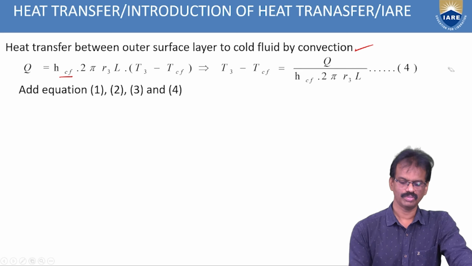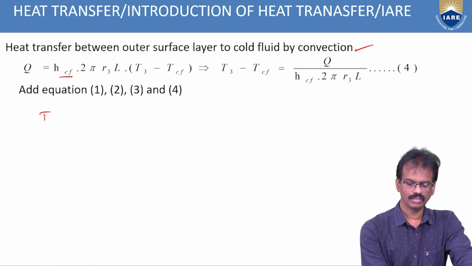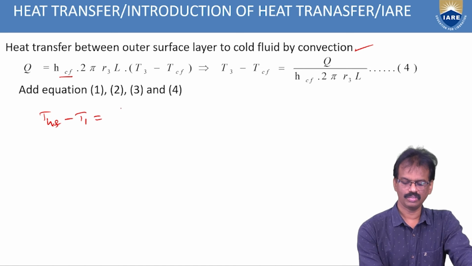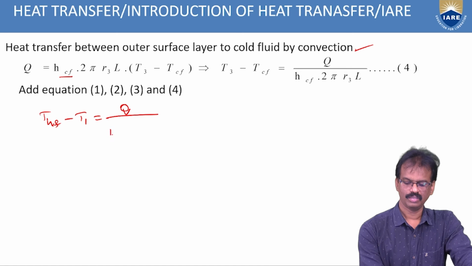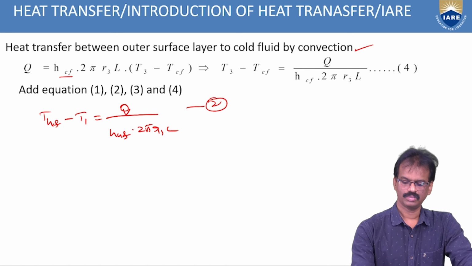So equation 1 we got: T_HF, the hot fluid, minus T1 is equal to Q by HF into area 2 pi R1 L. This is equation 1.